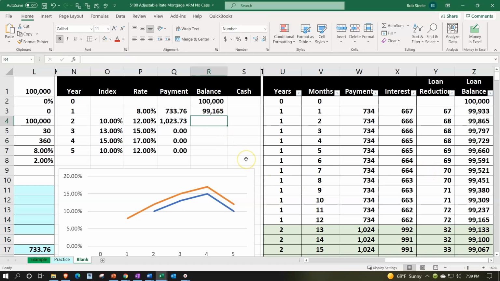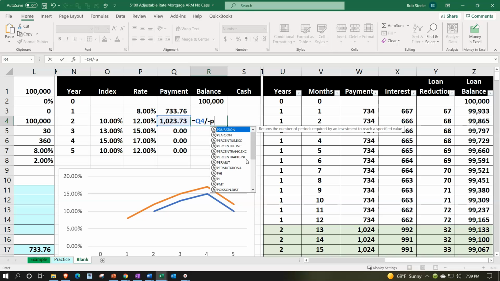Let's do it a couple more times because it's a strange formula. This is going to be equal to the prior cell divided by the rate. And then we're going to divide that by the negative PMT, then the rate, which is going to be the starting point of our payment, 12, and then the 12% divided by 12, comma, the periods, brackets.